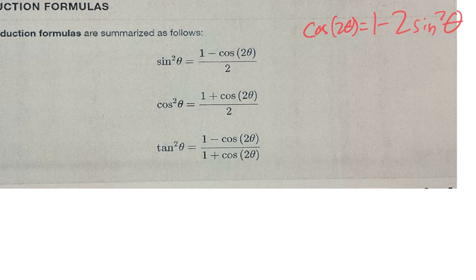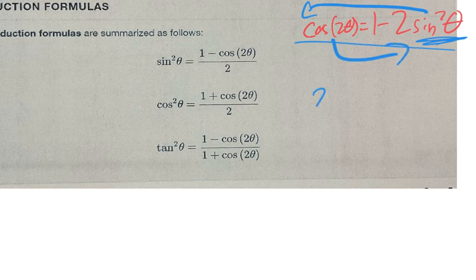All right, so we've got this formula. I'm making sure I copied it down correctly. Cosine 2 theta equals 1 minus 2 sine squared. This is the second one of the double angle formulas. If I take this formula, I could isolate it for sine squared. So I'm going to move this term over here, which will give me 2 sine squared theta equals 1 minus cosine of 2 theta.